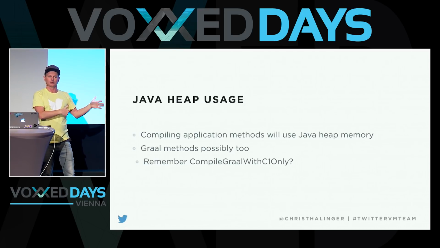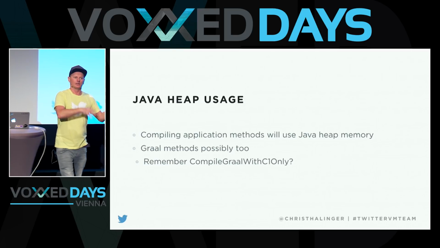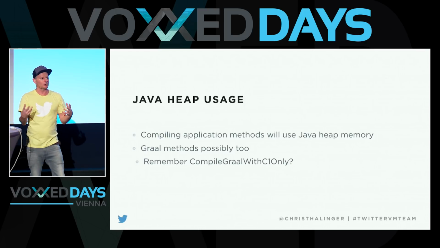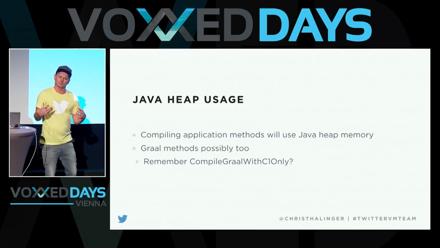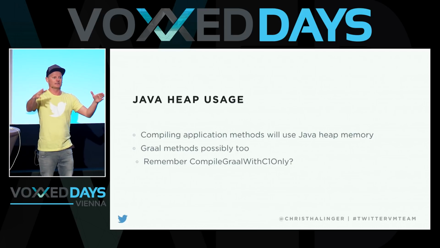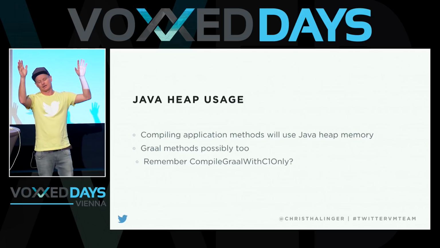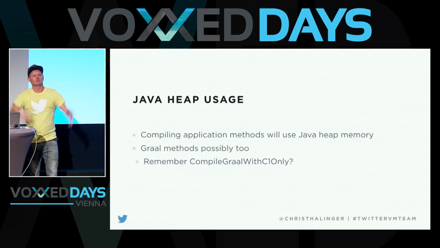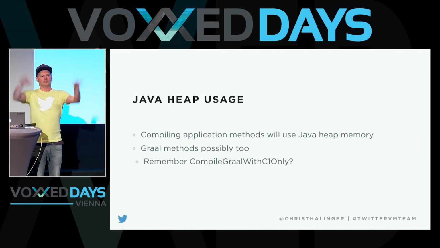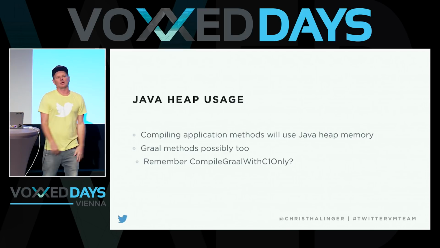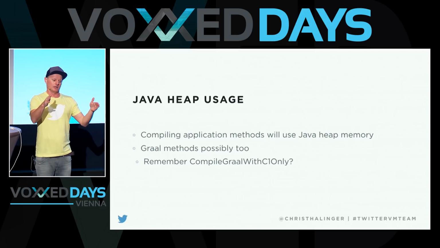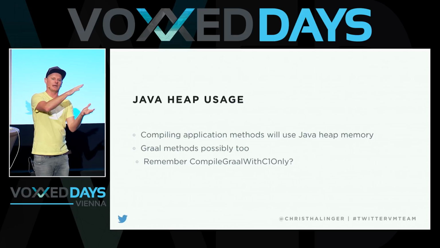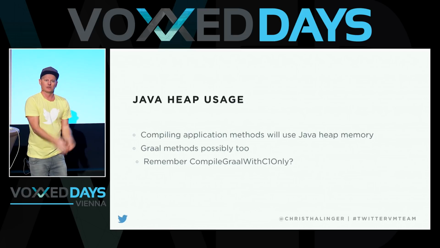C2 needs that memory as well, but it allocates it with malloc on the native heap. So in a cloud world, where you have your cloud instance and then, I'm making up numbers here, you have 2 gigabytes of cloud instance memory, and you give your VM 1.5 gig of that memory, C2 will use native memory there, as much as it can get to compile methods.